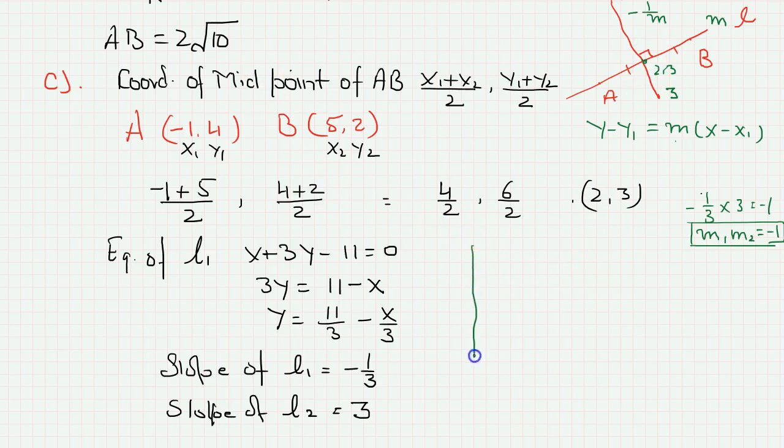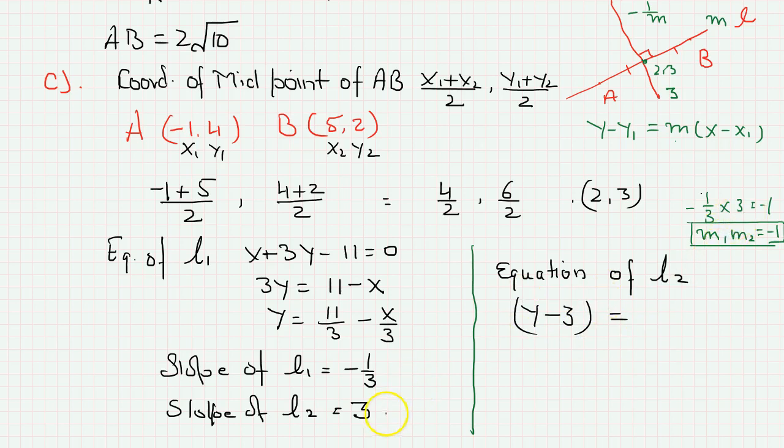So the equation of L2 is y minus y1, that is 3, is equal to m, where m is the slope we have calculated, that is 3, times x minus x1, that is 2. So y minus 3 is equal to 3x minus 6.